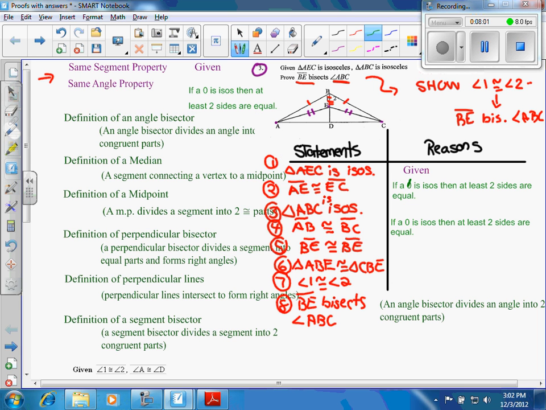So this is a triangle, right? If a triangle is isosceles, and I use that twice, and that's why Stephen was saying, can we combine steps 1 and 3? The answer is yes, as long as if step 1 is the first part, then step 2 should be the second part in your result statement. Does that make sense?